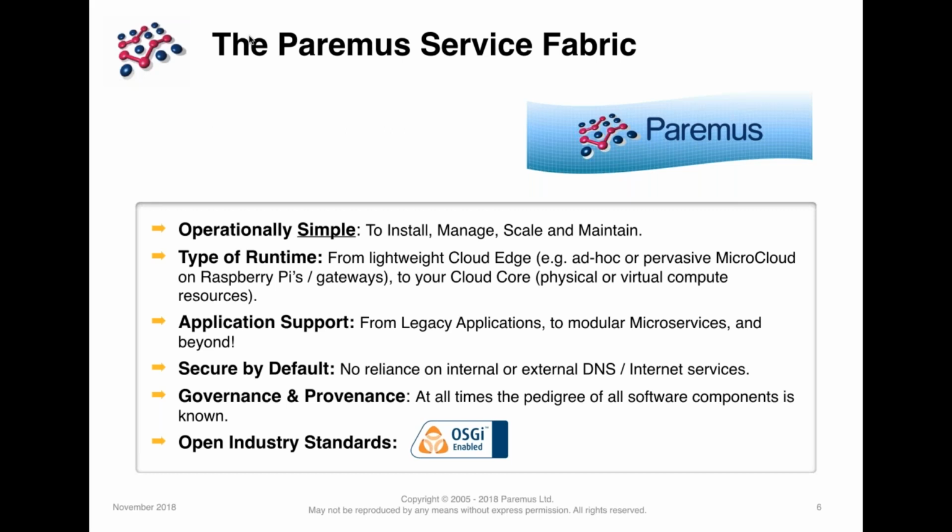The discovery mechanisms within the Fabric are peer-to-peer and fully secured, and do not expose service endpoints to the internet. The software governance and provenance of all the software components is known as far as we can determine at all times. It depends on the types of application you're building and deploying to the Fabric, and we'll demonstrate what we mean by that. And the Fabric's built from the ground up, leveraging OSGi, the industry standard for software modularity.